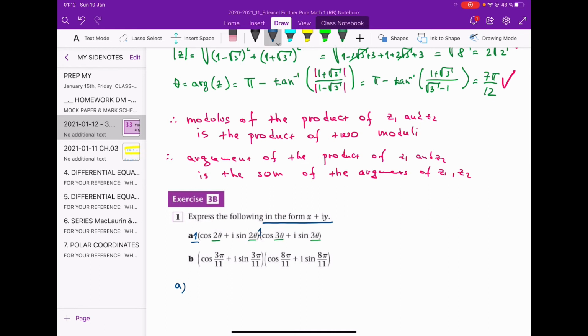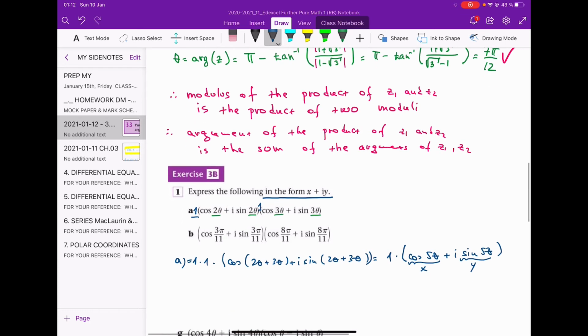What the rule tells me is I can just multiply the moduli and add the arguments: 2 theta plus 3 theta, which simplifies to 1 times, obviously 1 doesn't need to be written, cosine 5 theta plus i sine 5 theta. So this would be your x and this would be your y. That can't be simplified any further.